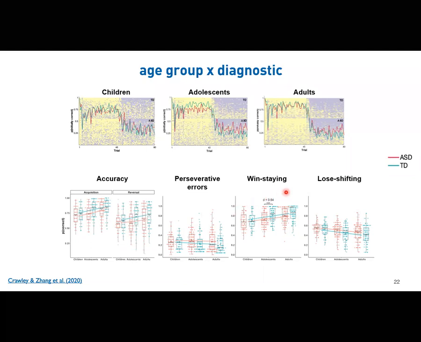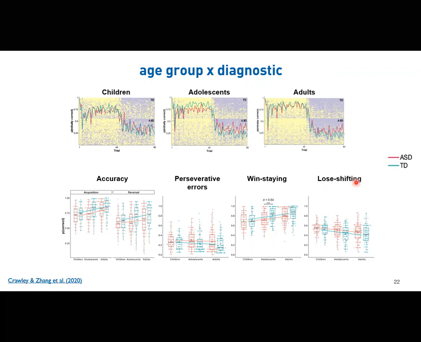Maybe let's go here. There is a model-free strategy. Model-free means no computational model is used; we just analyze the data as is. Two behavioral indices can be analyzed: one is called win stay, the other is called lose shift. Win stay means if I receive a positive outcome, how likely am I to repeat the same choice.